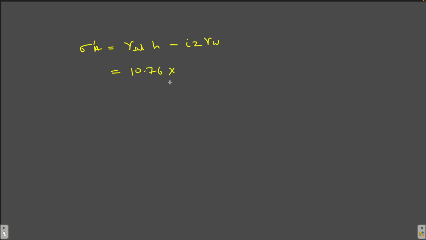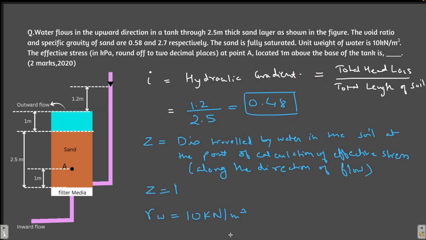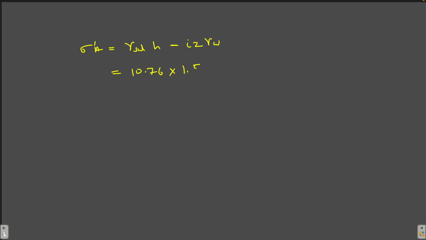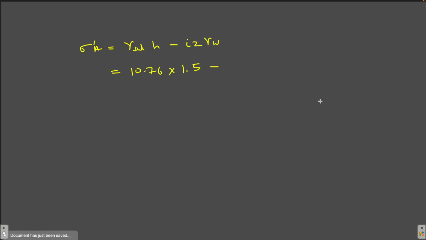What was h? H was the height of the soil above point A, because it was increasing the effective stress. So it was 1.5 meter. It is 1.5 minus I. What is I? I is the hydraulic gradient, and this is the value of I, 0.48. What is the value of Z?